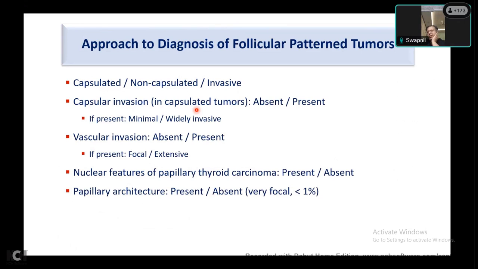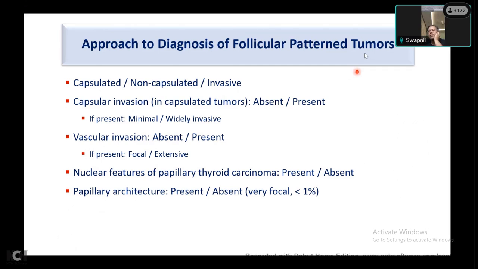One is the architectural patterns, and the other is the cell types. Tall cell, columnar cell, hobnail cell, clear cell: these are all cellular features and not architectural patterns. On the other hand, architectural patterns are more like papillary, microfollicular, trabecular, insular, solid, and things like that.